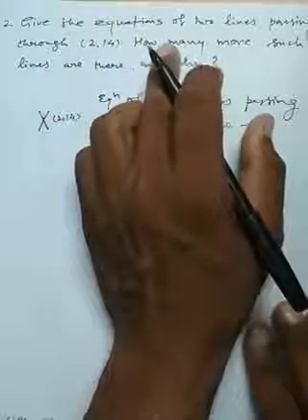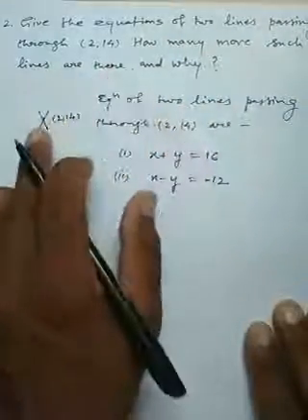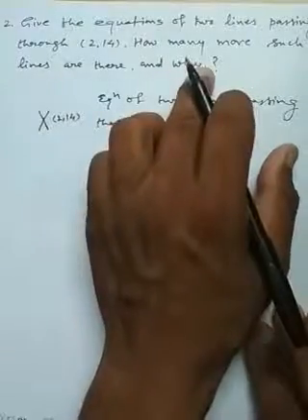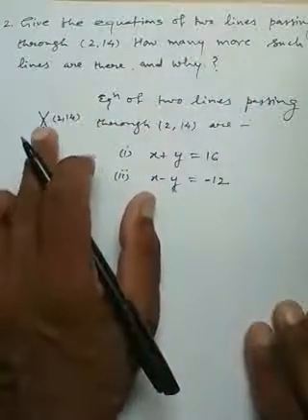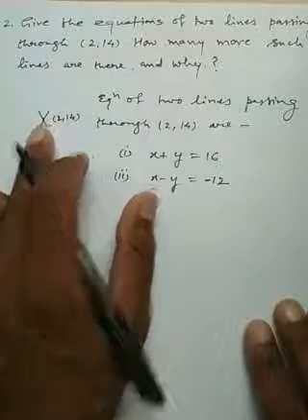Next question is, how many more such lines are there? Infinitely many lines. And why? Because infinitely many lines can pass through a given single point.